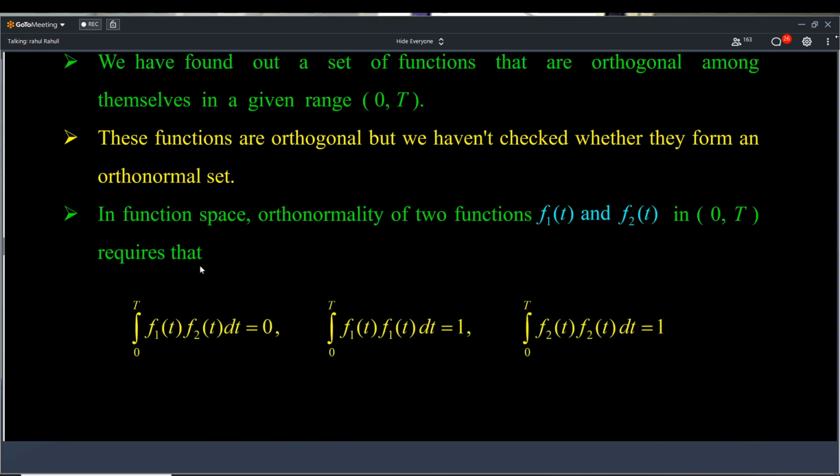See here, the orthonormality of two functions, f1 and f2 over 0 to T, is this, which we have already seen. This is the orthogonality condition, and the remaining two are the norm conditions.